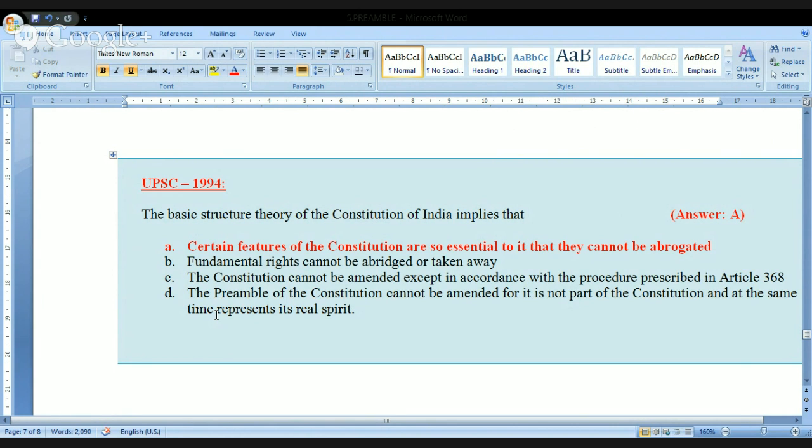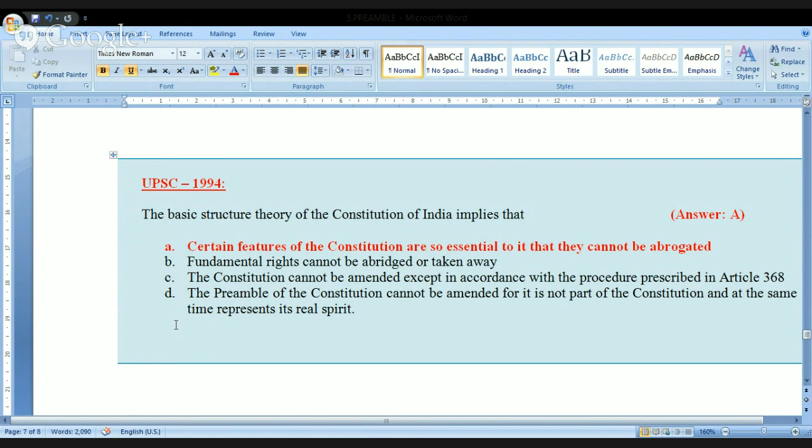Example, tomorrow the Parliament may try to do anything, but it cannot remove the concept of secularism. If it tries to remove the concept of secularism from the Indian Constitution, that is violating the basic structure of the Constitution, and the Supreme Court will come into the picture.